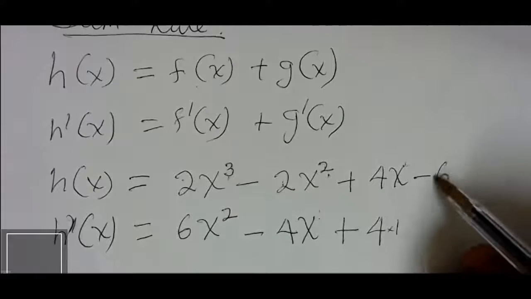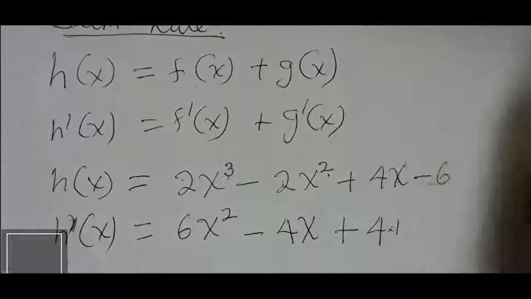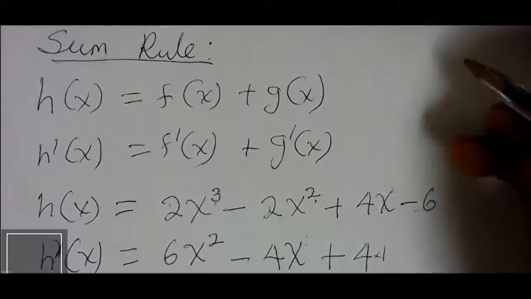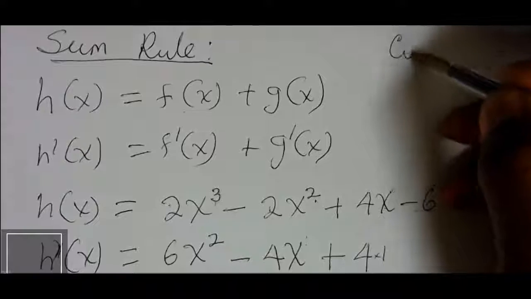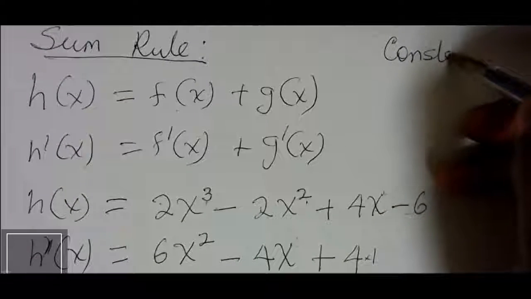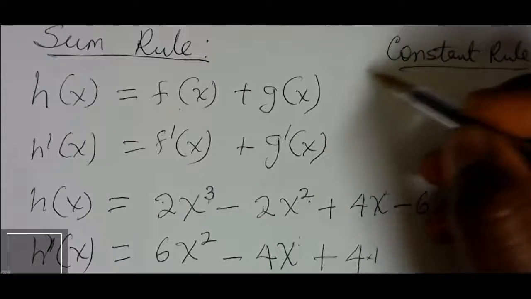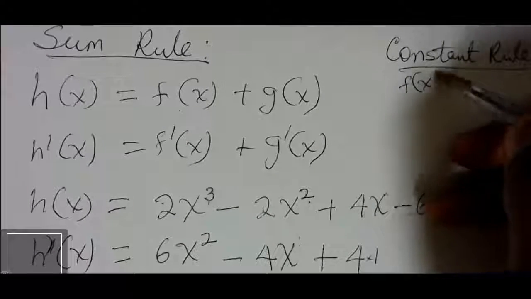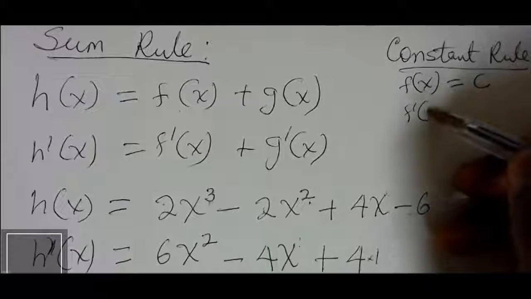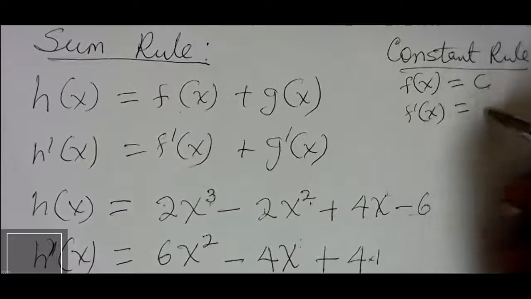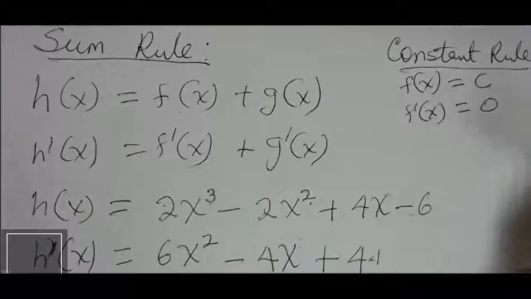Then for this one, the derivative of any constant, let's make that the constant rule. The constant rule says if f of x is a constant, then f prime of x is 0. Think of it, what is the derivative? It is the slope.